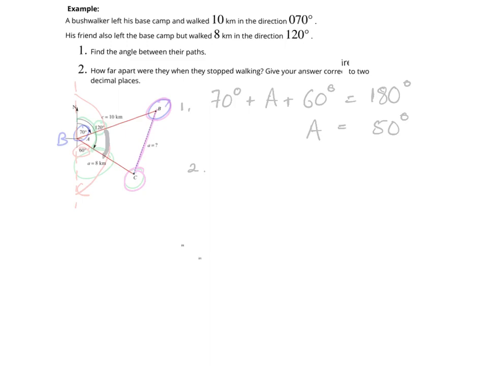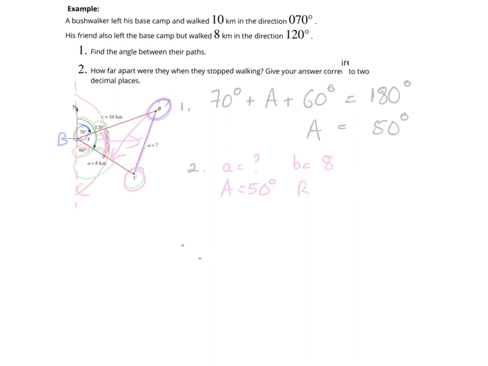We now know that we are looking for side A. And we have angle A equal to 50 degrees, because we've just worked that angle out. What else do we know here? Well, we have side B, because it's directly across from angle B. Side B is equal to 8 kilometres.